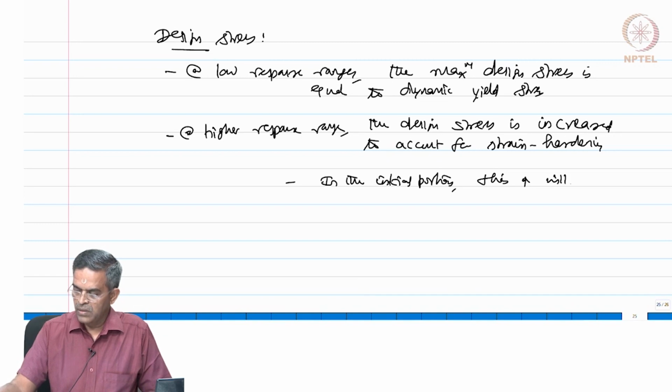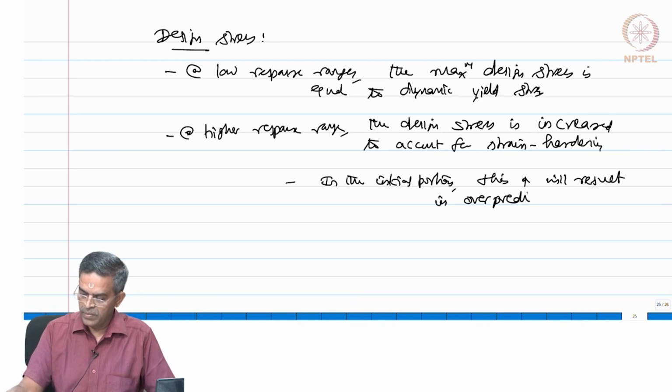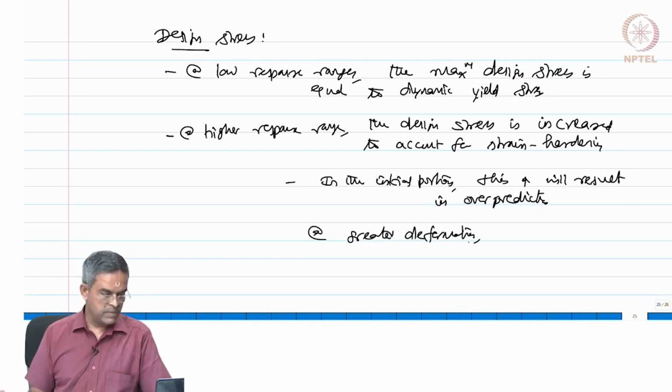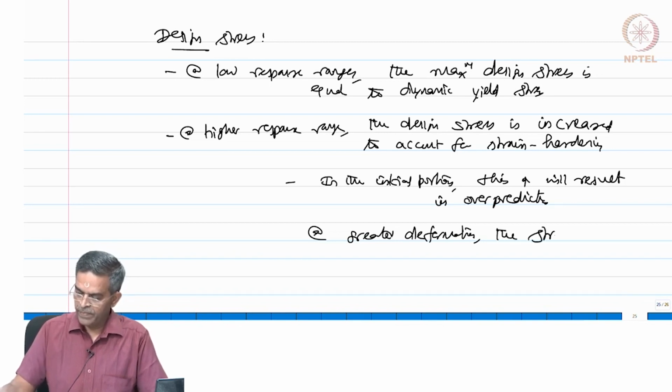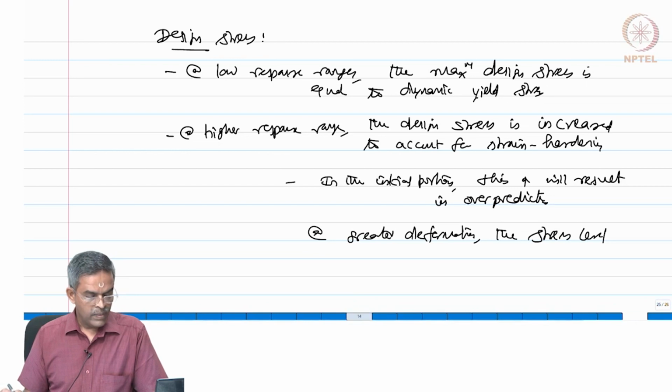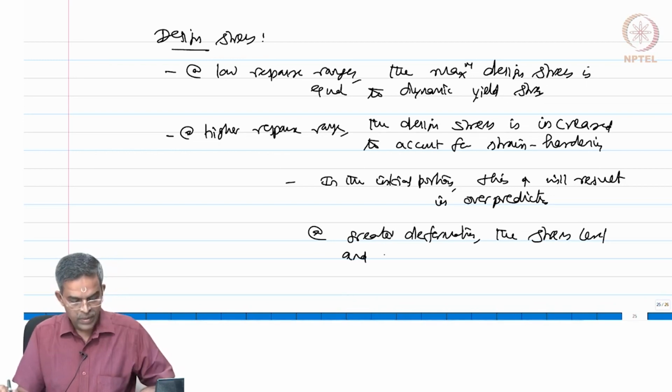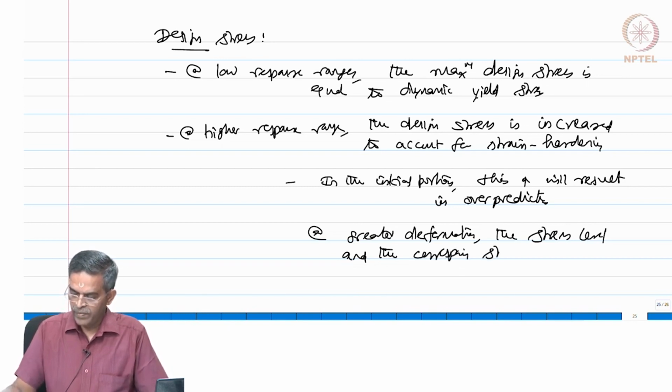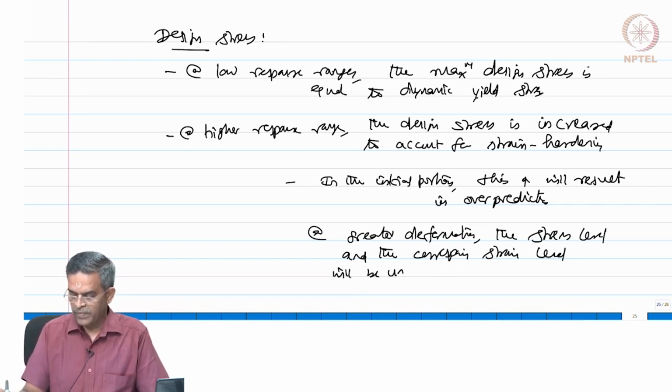But at greater deformations, at large deflections, the stress level and the corresponding strain level will be under predicted by the design stress.